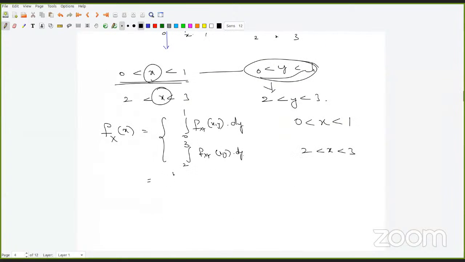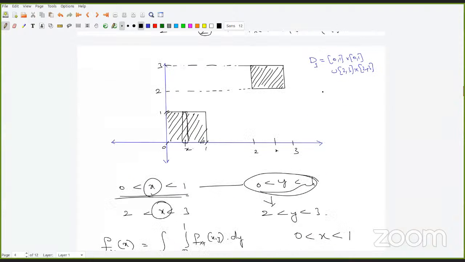So you compute it. Here f_XY(x, y) will be half in the region D and 0 otherwise. The area is 2, so 1 by the area of the region is half. So it is uniformly distributed.